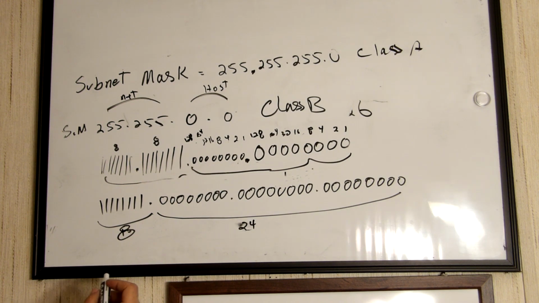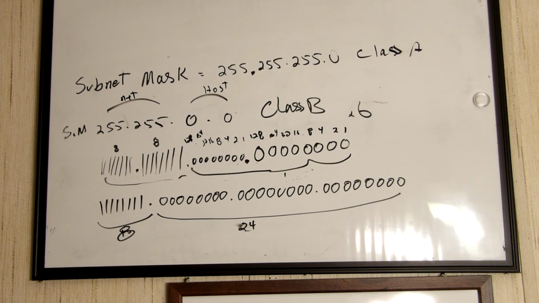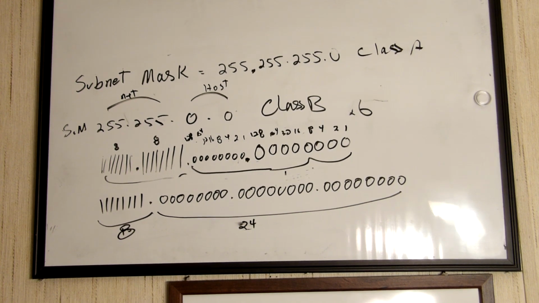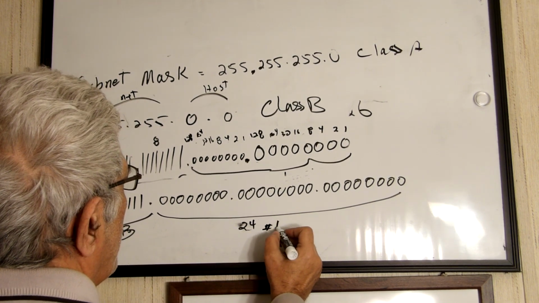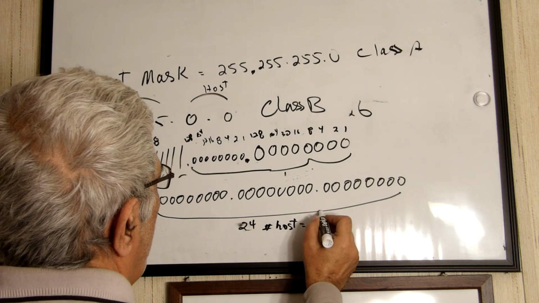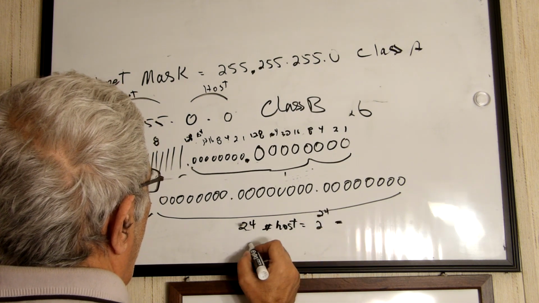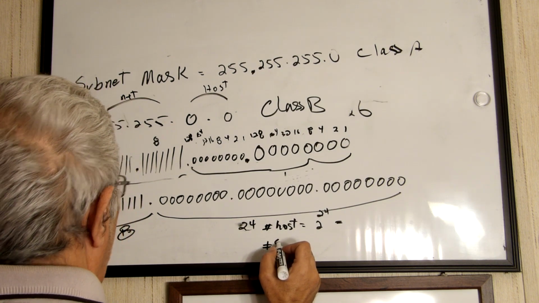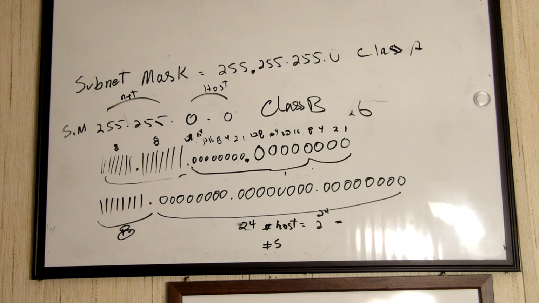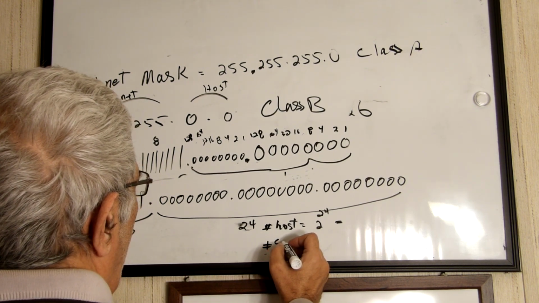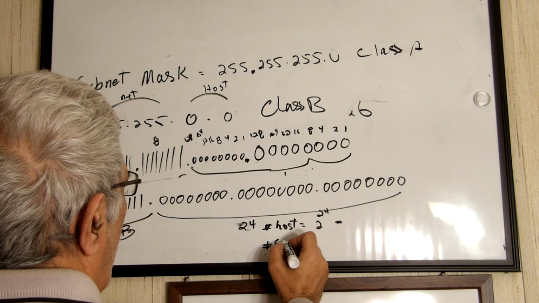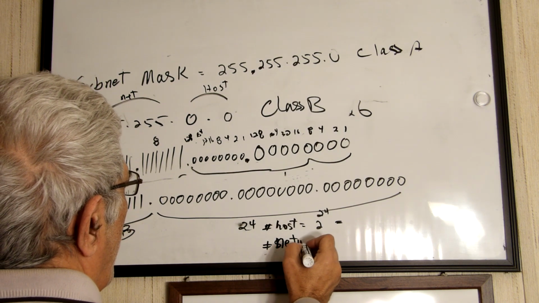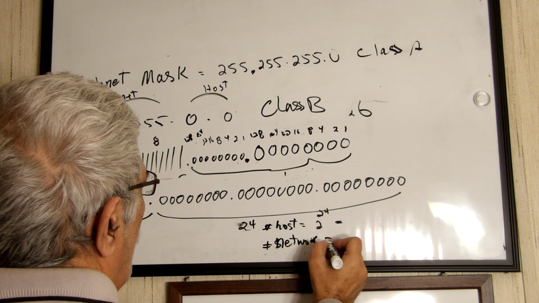The way you find the number of hosts is: number of hosts equals 2 to the power of 24, and the number of subnets or networks is going to be 2 to the power of 8.